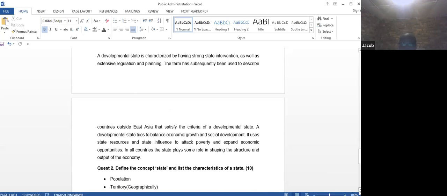Those are projects that the government is funding, which means it's influencing expansion. Once the government is influencing growth of the economy, it's creating jobs, alleviating poverty, and increasing the opportunities of the economy. In all countries, the state plays some role in shaping the structure and output of the economy. So this is just a snippet of what a developmental state is all about.